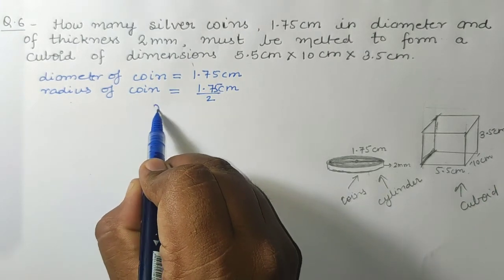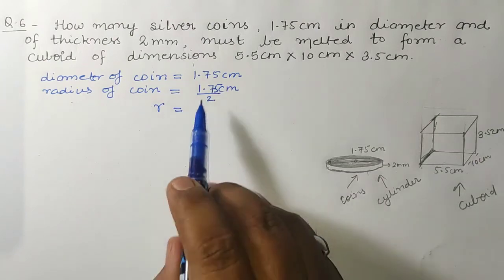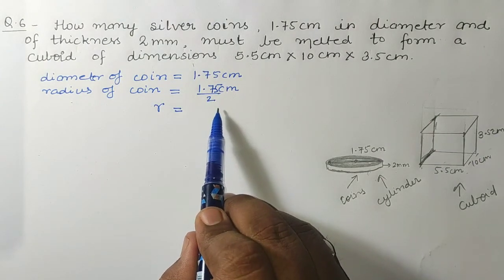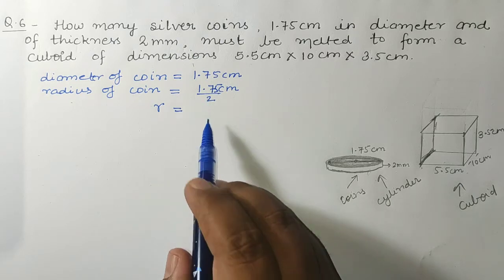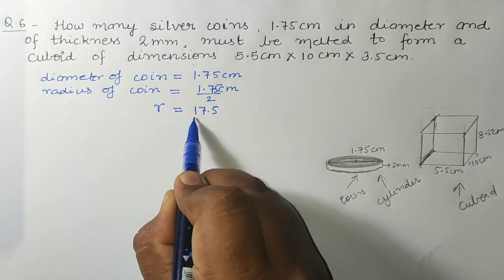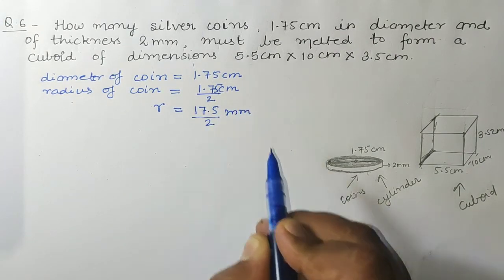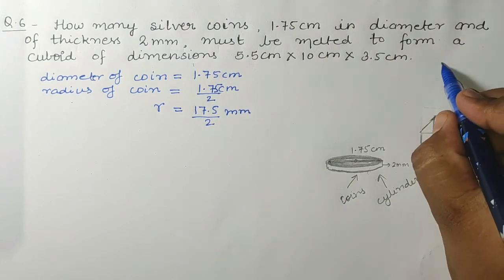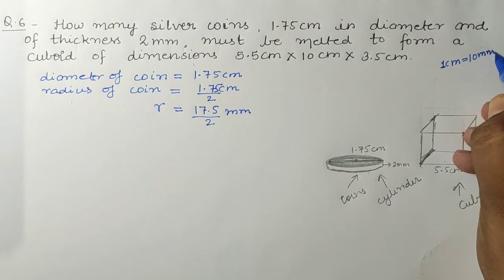Suppose it is R, then R will be 1.75 centimeter upon 2. If you change it into millimeter, then you will get 17.5 upon 2 millimeter, as we all know that in 1 centimeter there is 10 millimeter.